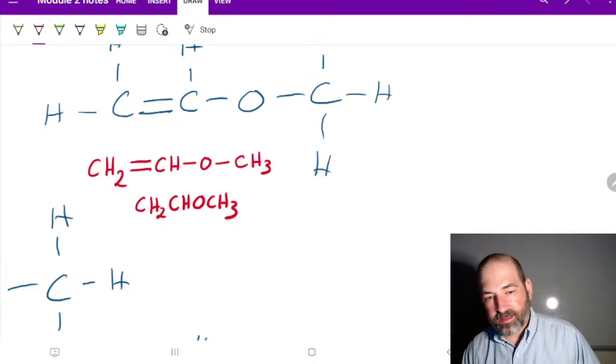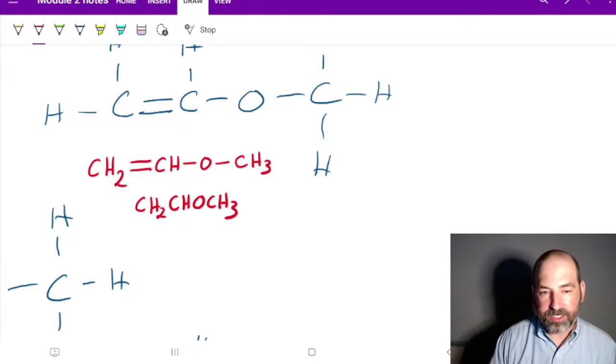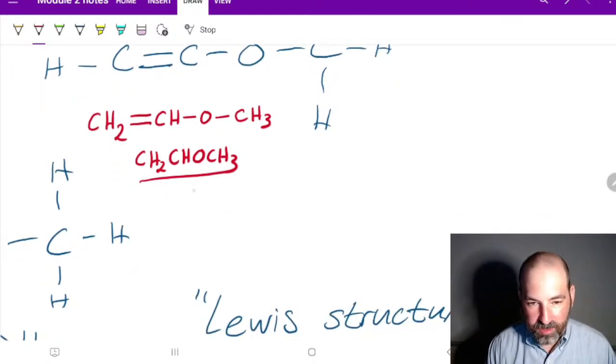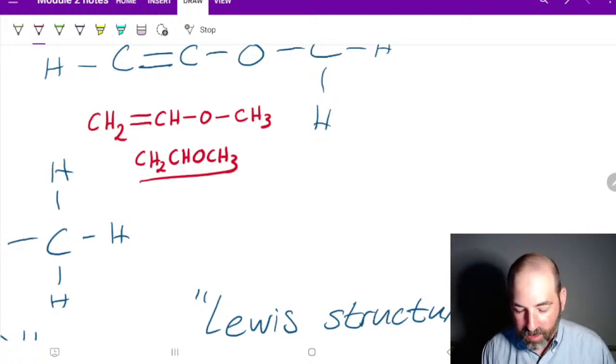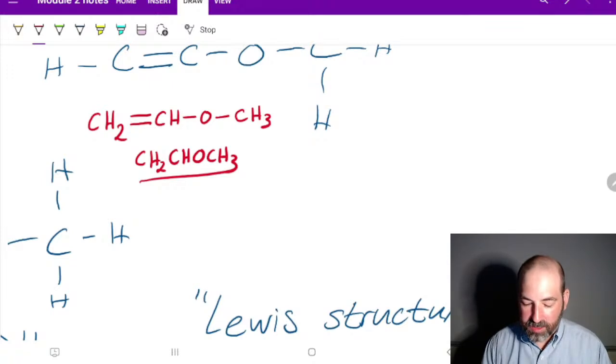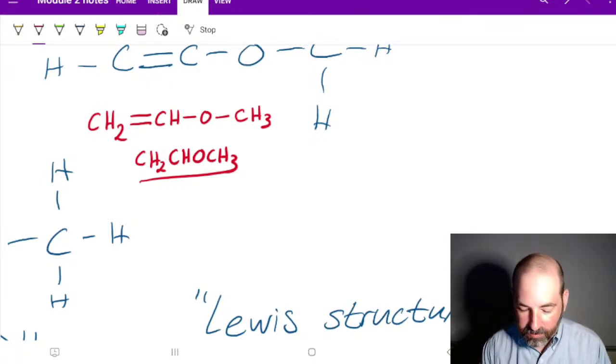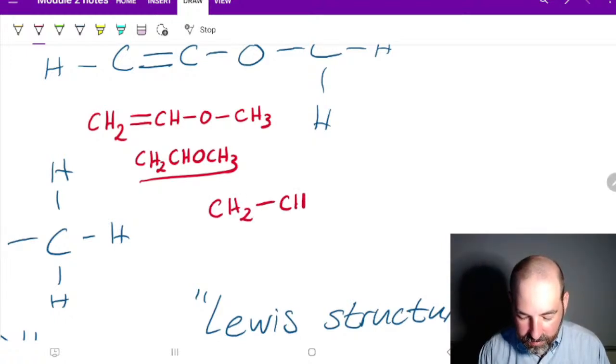But let's think about going the other direction. Let's say we have this structure and we want to draw a Lewis structure of that. So we have to expand it out. We're going to do this backwards. Now, if I didn't know already that it had a double bond in it, I wouldn't necessarily know what to do here until I drew it all out.